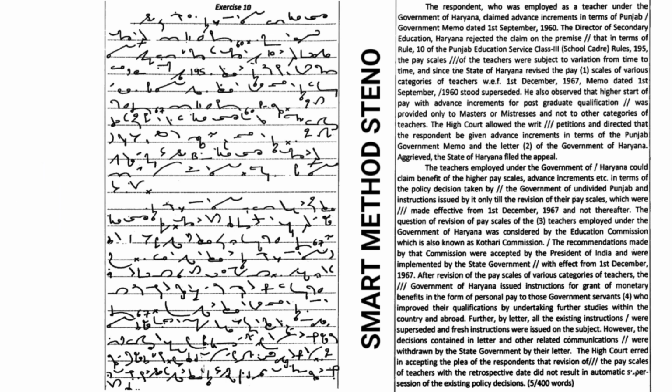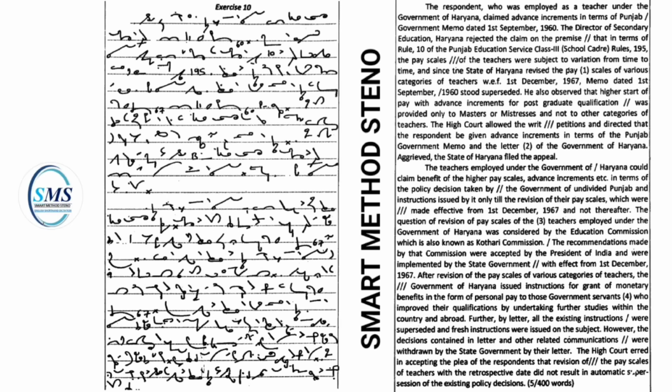The question of revision of pay scales of the teachers employed under the government of Haryana was considered by the Education Commission, which is also known as Kothari Commission. The recommendations made by that commission were accepted by the President of India and were implemented by the state government with effect from 1st December 1967.